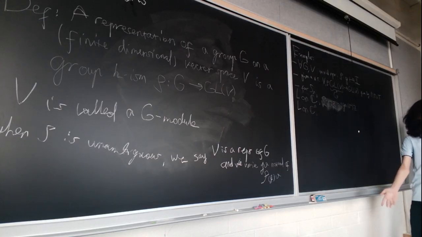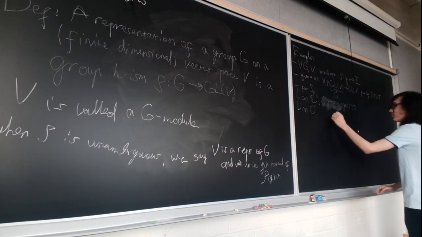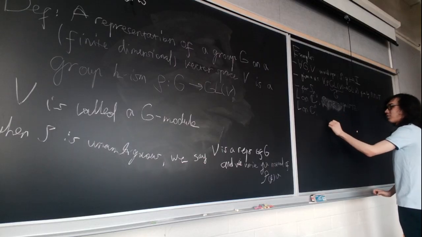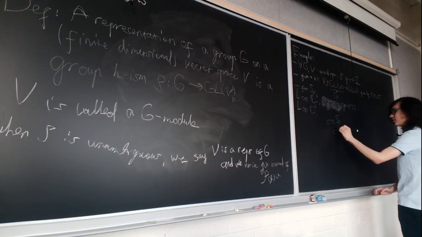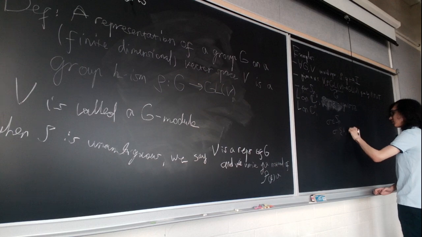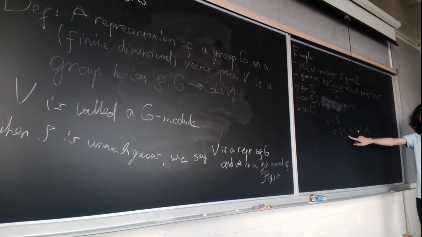So if I have a member sigma of S_n, sigma from the set 1 to n is a permutation, so it's a bijection between the set and itself, right?